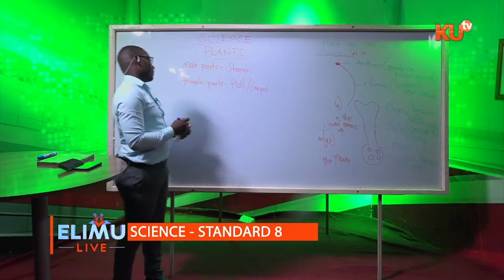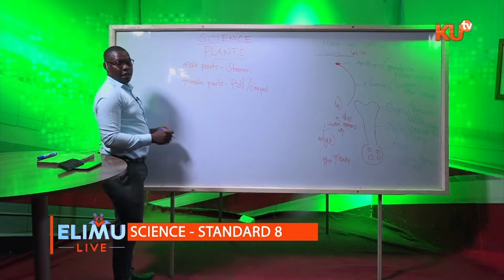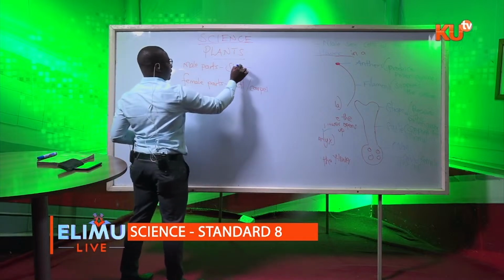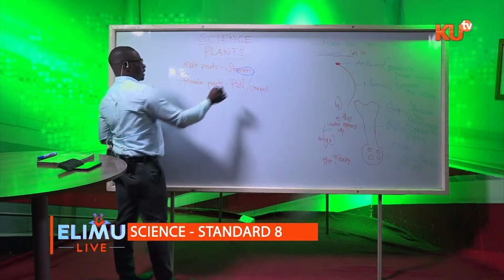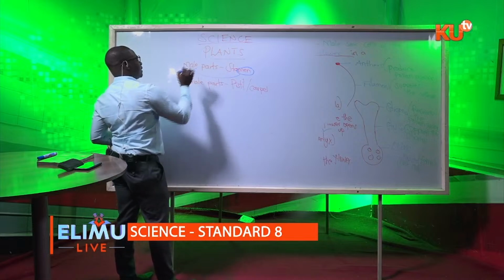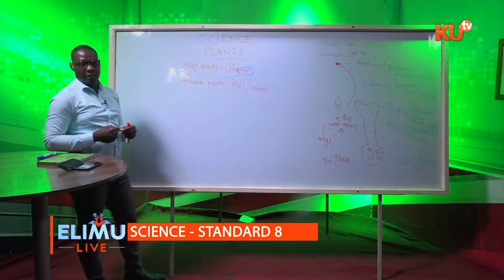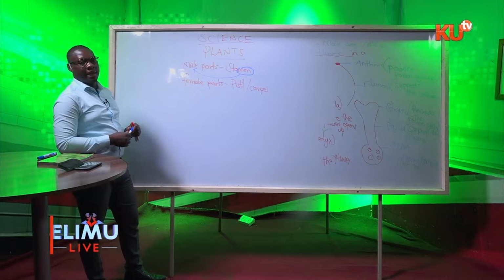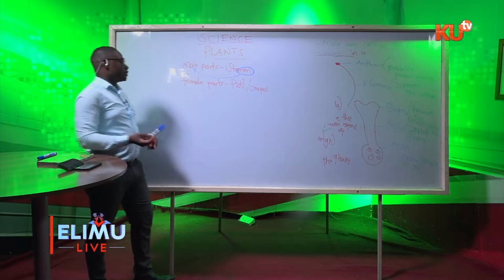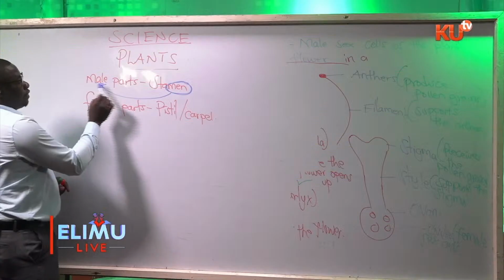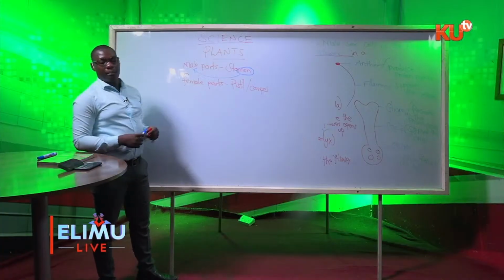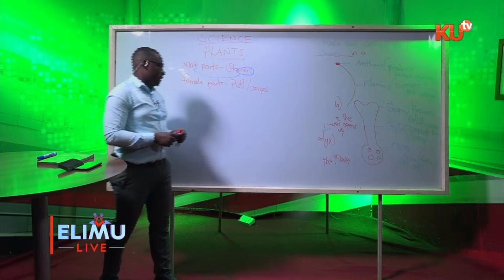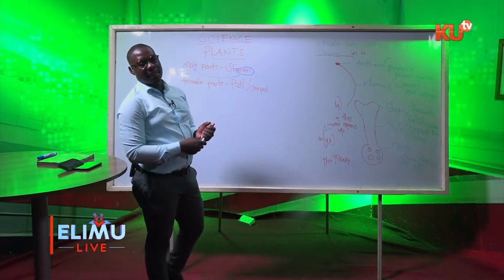To be able to remember or memorize, the male parts have the word "men." If they have the word men, then that tells you that those are the male parts. So you can use that to memorize: men for male parts. So the stamen are the male parts. The female parts will be called the pistil or the carpels.